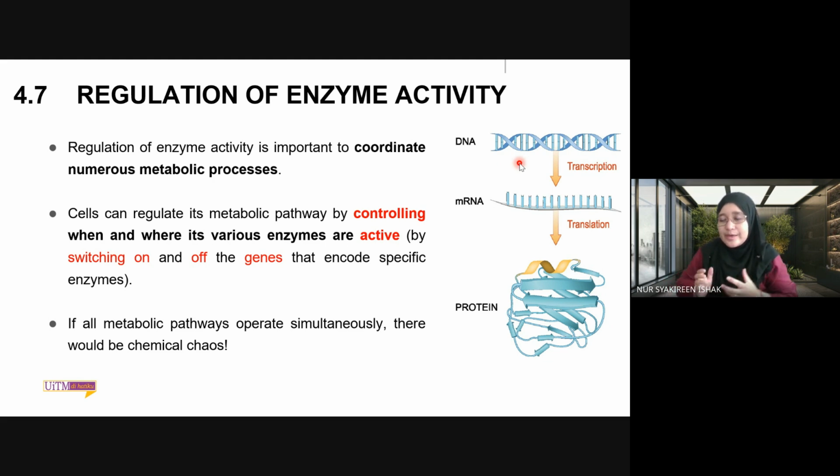Each cell will regulate its gene expression through the process of transcription and also translation, where the genes will be switched on or off. If the gene is switched on, for example, the cell of the pancreas that has the gene for insulin, then the insulin can be synthesized.